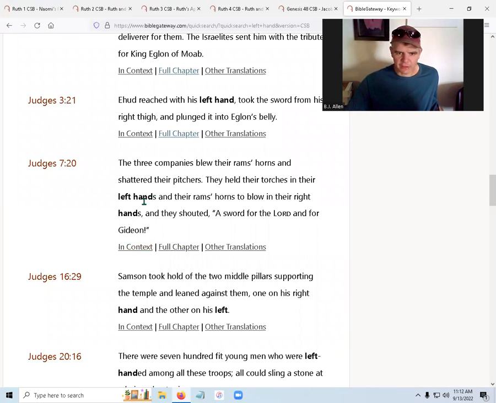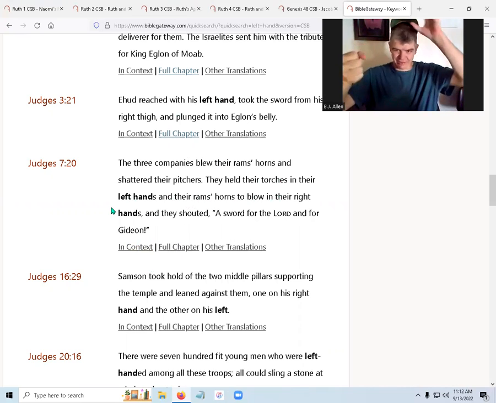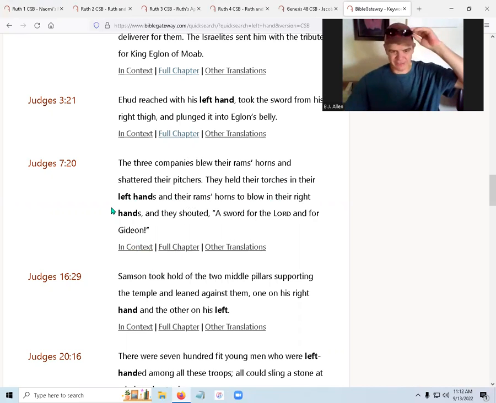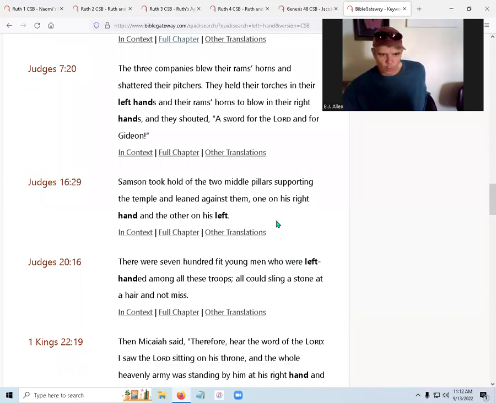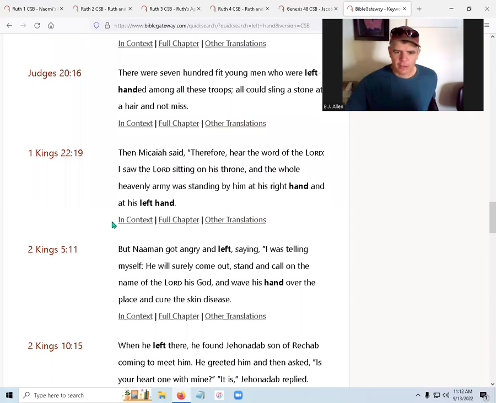Ehud reached with the left hand. Okay. They held torches in their left hands, and their right hands blew their ram horns. So the torches in their left, the other thing in their right hand. So they got two hands. One on his right and the other on his left. 700 fit men, left-handed. Oh, so there are some left-handed men. His right hand and at his left hand. Okay.